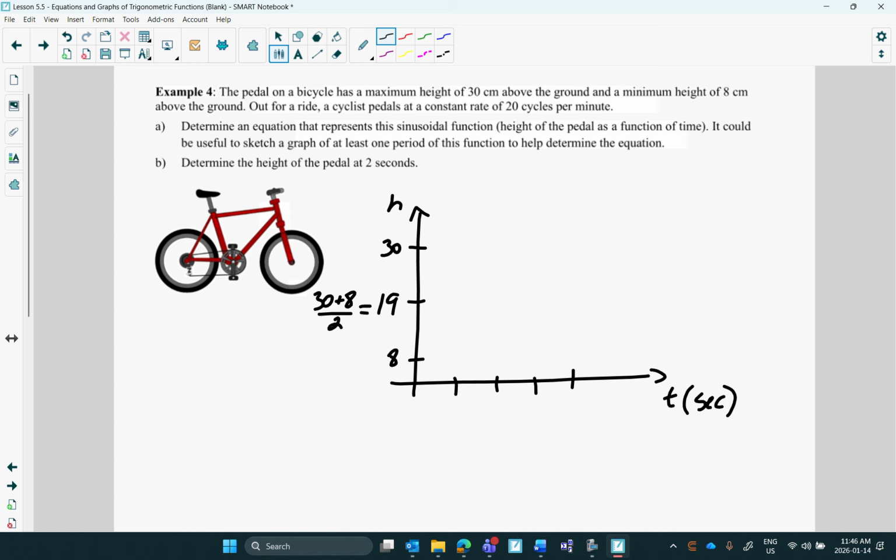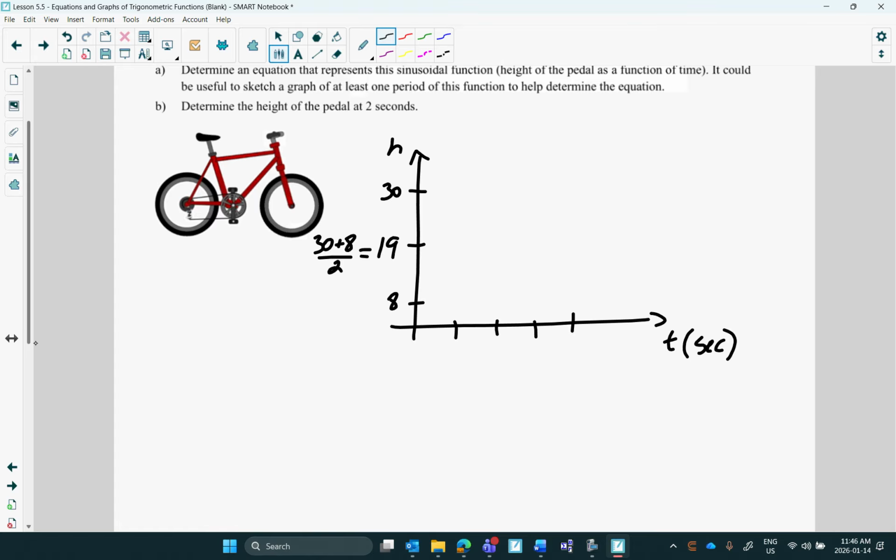Now, this is where we've got to be careful. We decided to go seconds. We can't say 60 because it doesn't complete one cycle in 60 seconds. It completes 20 cycles.